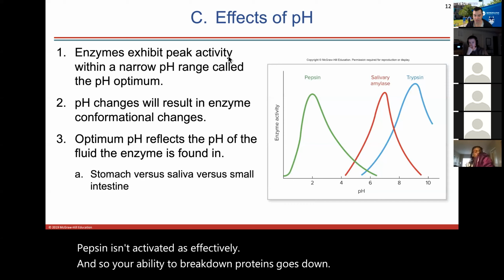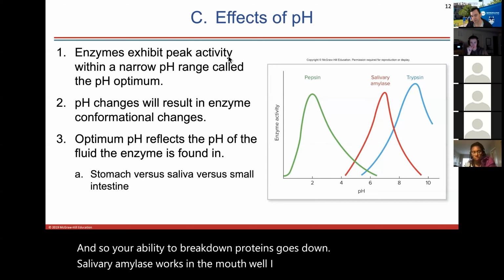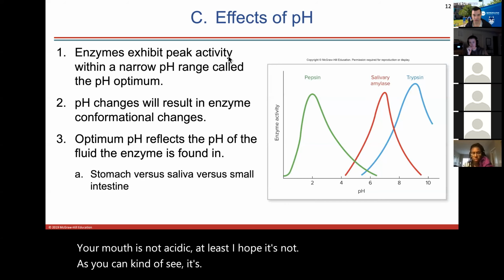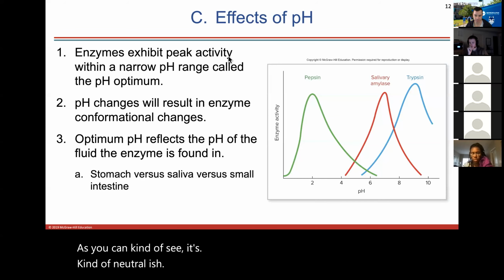Salivary amylase works in the mouth. Well, your mouth is not acidic, at least I hope it's not. As you can kind of see, it's kind of neutralish, which is fantastic. Salivary amylase works best around slightly below a 7 pH.